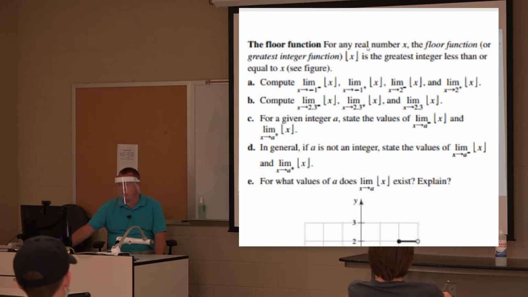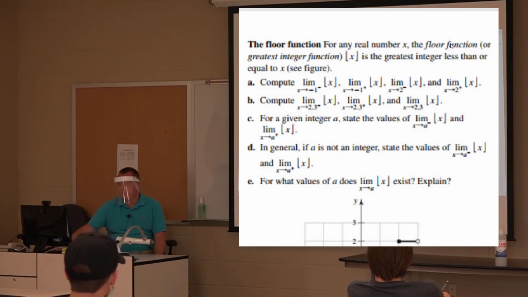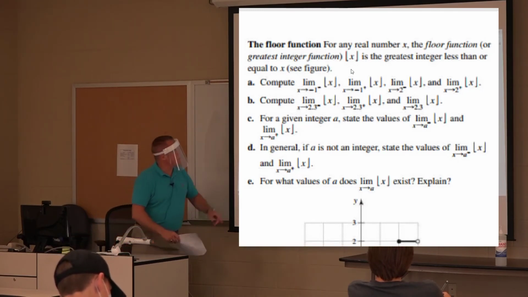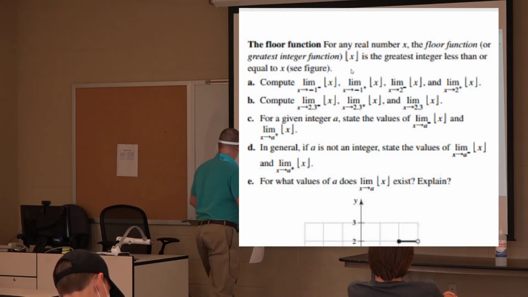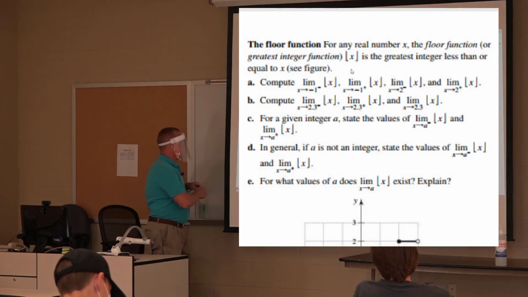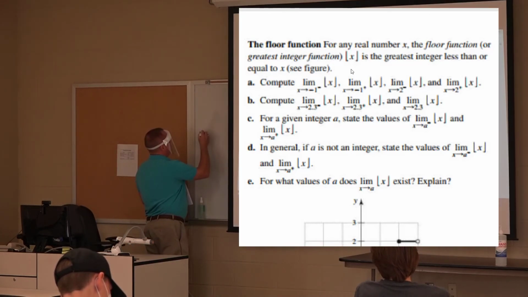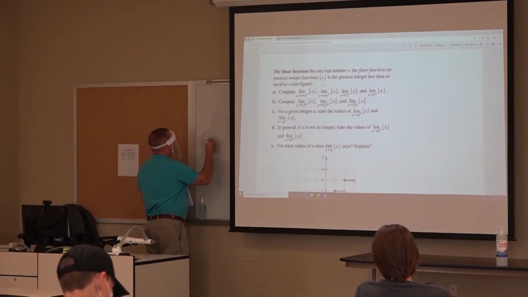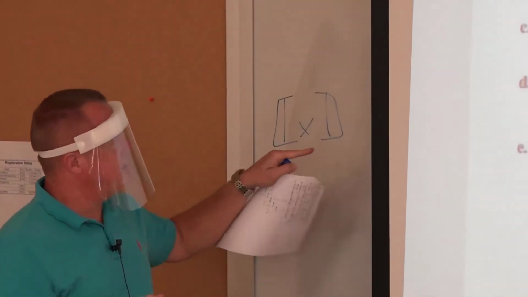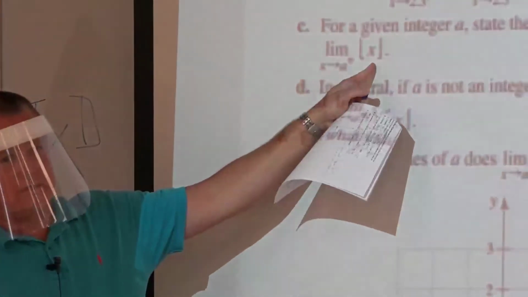So for any real number x, the floor function or greatest integer function, they use this notation. If you notice on the paper that I had given you, this was the notation for it, and in a lot of texts you'll see it like this. Okay, it's the same. So that's the same thing as this.